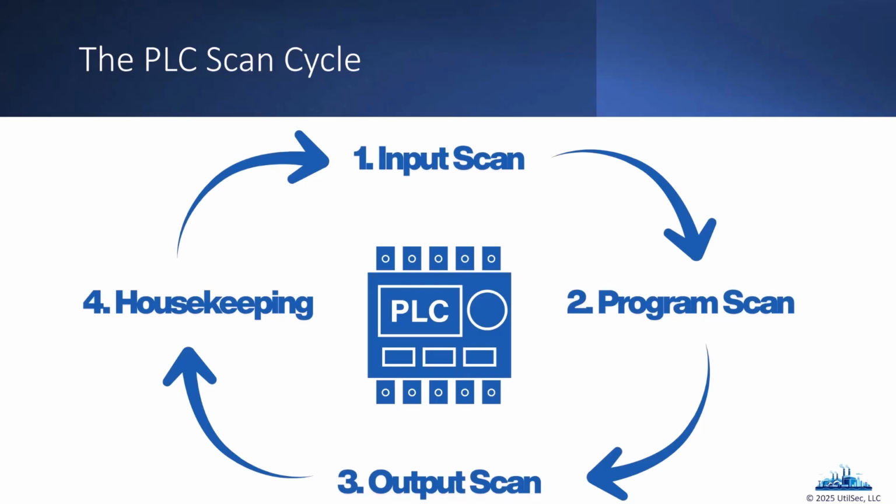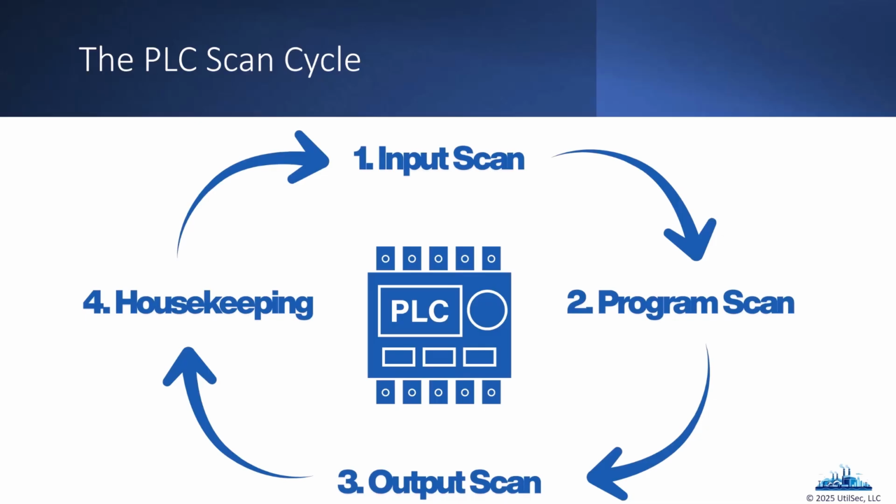Then the PLC actually runs its scan, its logic. Based off of this data, we determine, do we need to make changes in the environment or not? Remember our thermostat example earlier in the course. This is where the PLC has the temperature data, which it just brought in through the input scan. So it knows that the room is 75 degrees and it knows the set point, the desired temperature, is 72.